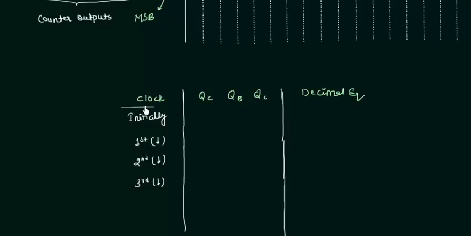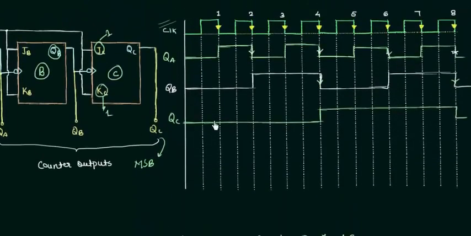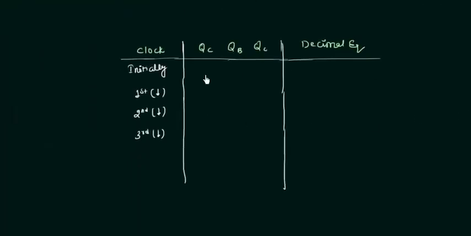Let's see initially what the values of QA, QB and QC are. Initially QA is 0, QB is also 0 and QC is 0. So I can write 0, 0, 0, and the decimal equivalent is definitely 0.